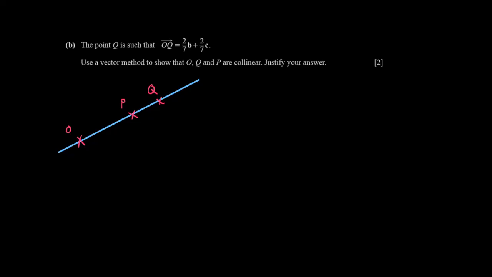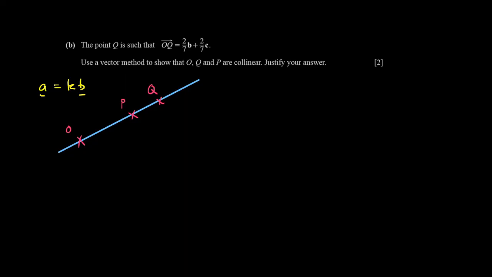So if we can show that OP and OQ are parallel, then we've also shown that they are collinear, that they're on the same line, okay? And what's the condition for two vectors to be parallel, right? One must be a scalar multiple of the other, right? So the vector A is equal to some scalar K times the vector B. That means that A and B are parallel to each other.